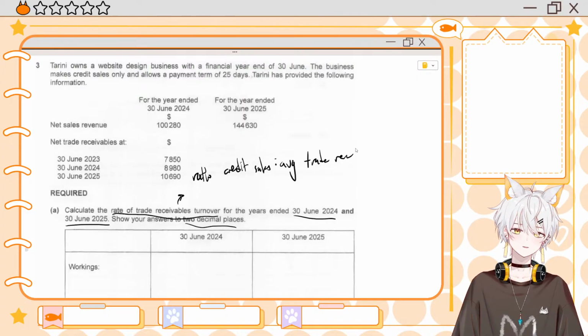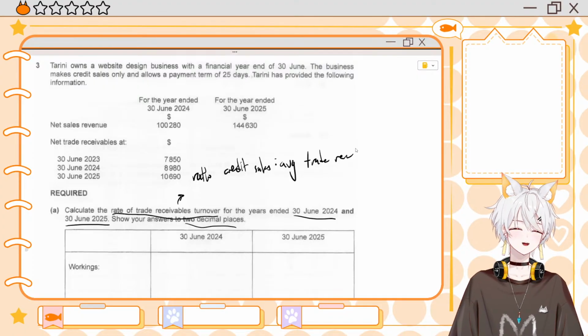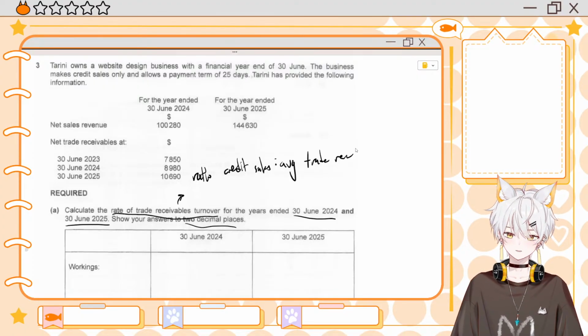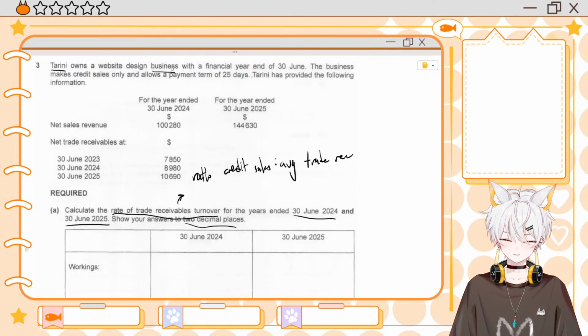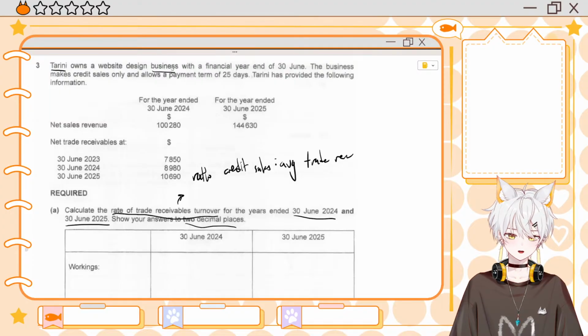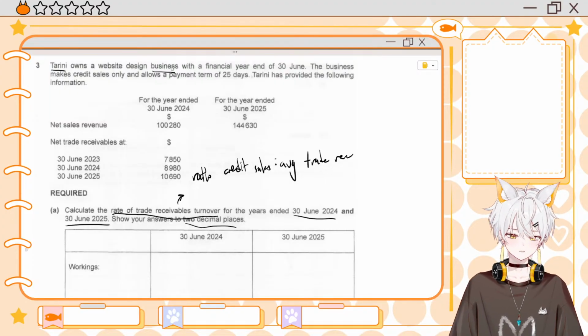So what we do is we read the question, because the question will give us the information we need to find the answer. This person owns a business, so it's a sole proprietorship, meaning one boss. If that person goes, the business goes with that person.